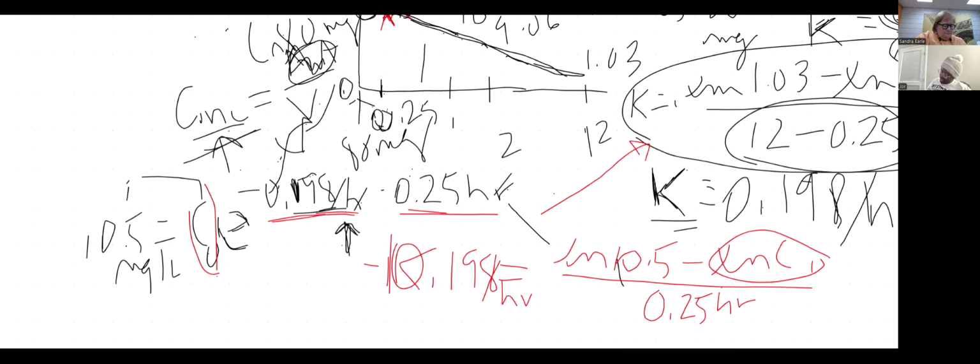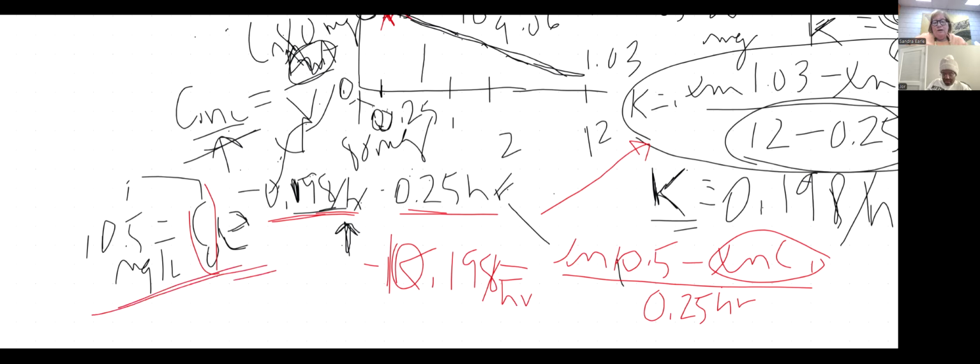Oh, you did it. Okay, I see how you did it. You did it a lot simpler than how I was about to do it. But can you see why they're the same? It's all the same equation, just arranged differently. That's why I use this one mostly, because I think it's the easiest way to calculate.